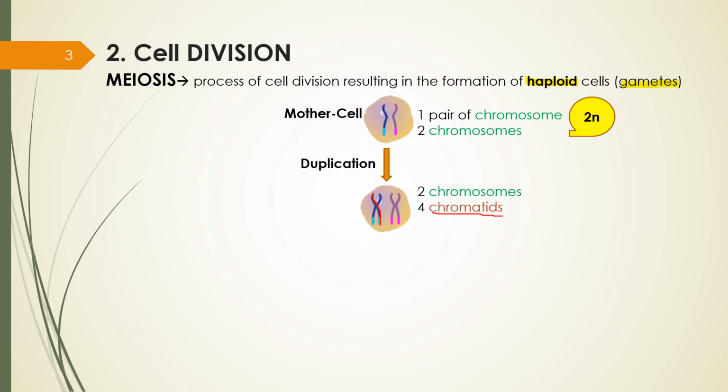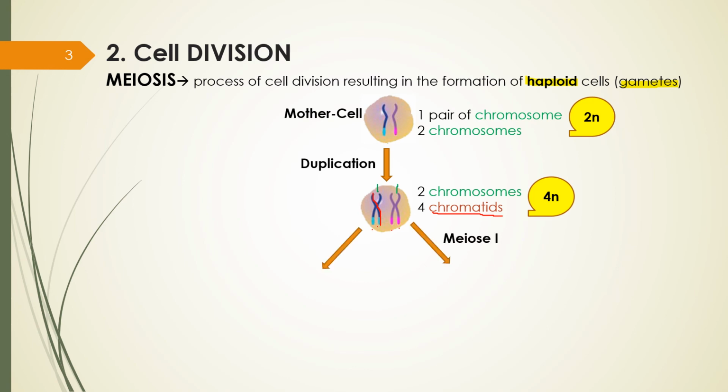So in this case, I have 1, 2, 3, 4 chromatids, but I still have just 1 and 2 chromosomes. The only difference is that I have a copy of each chromosome, okay, but my genetic material is the same. And now I call it 4n because I duplicated the number of chromosomes that I have.